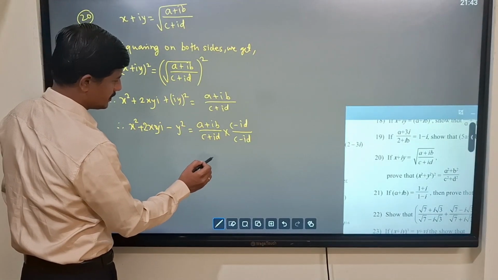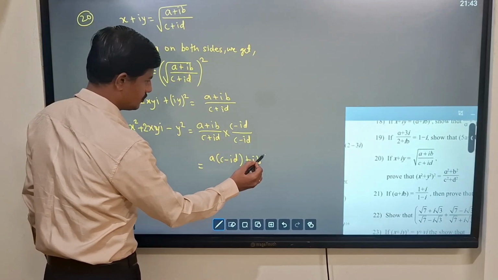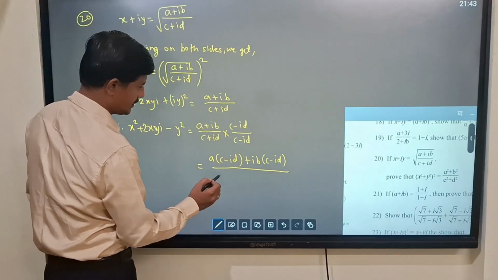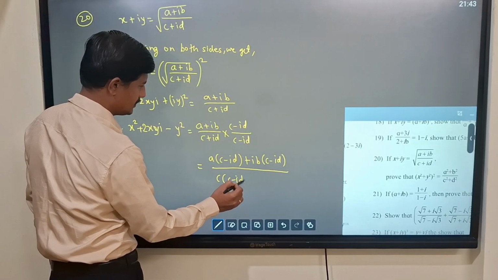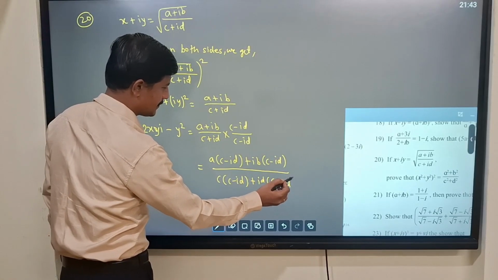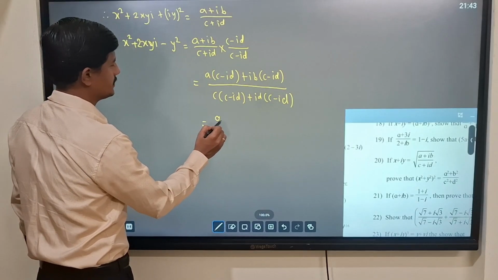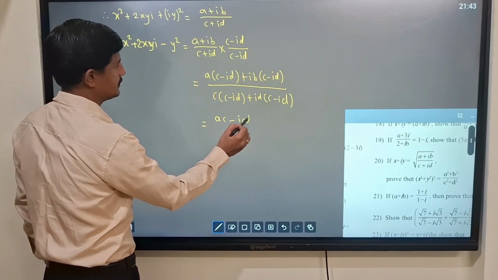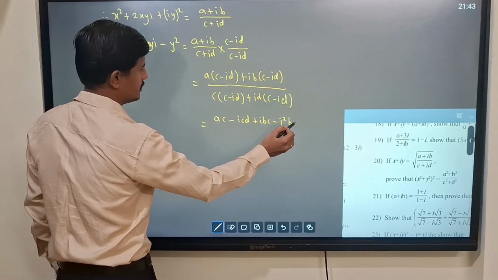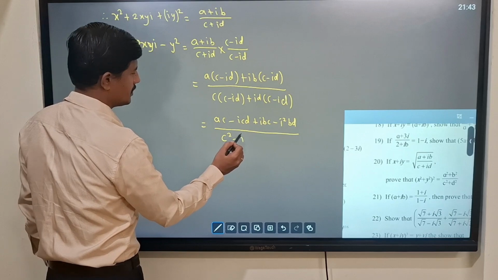Now see, multiplying this, a into (c minus id) plus ib into (c minus id) upon c into (c minus id) plus id into (c minus id). So this becomes ac minus icd plus ibc minus i square bd upon c square minus icd.